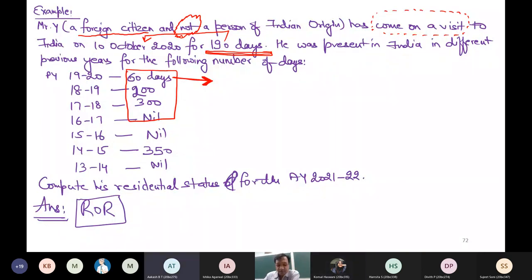Yes, sir. Because in 1920 he might not be satisfying basic condition 1, but he is satisfying basic condition 2. In 1920 he is satisfying basic 2, which is 60 plus in the relevant year, and now the relevant year becomes 1920. Relevant previous year means the year for which you are checking the residency. So now I am checking the residency of 1920, so the relevant previous year becomes 1920.